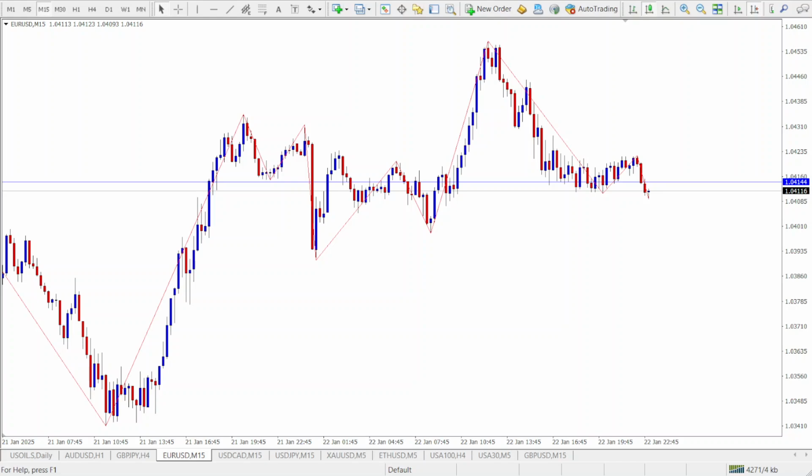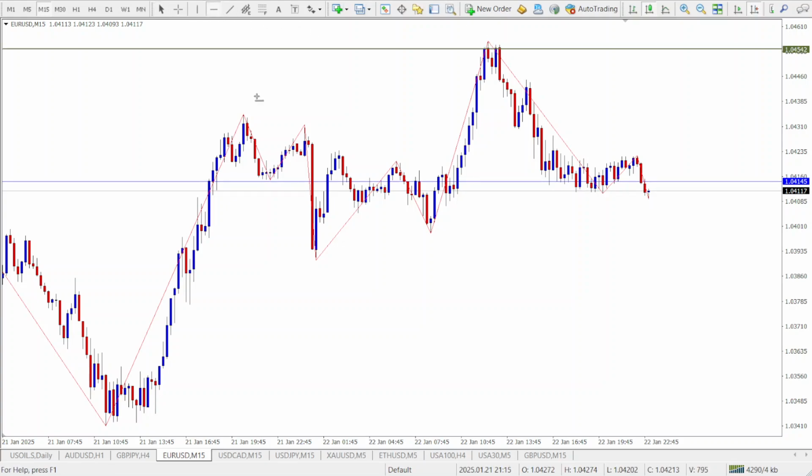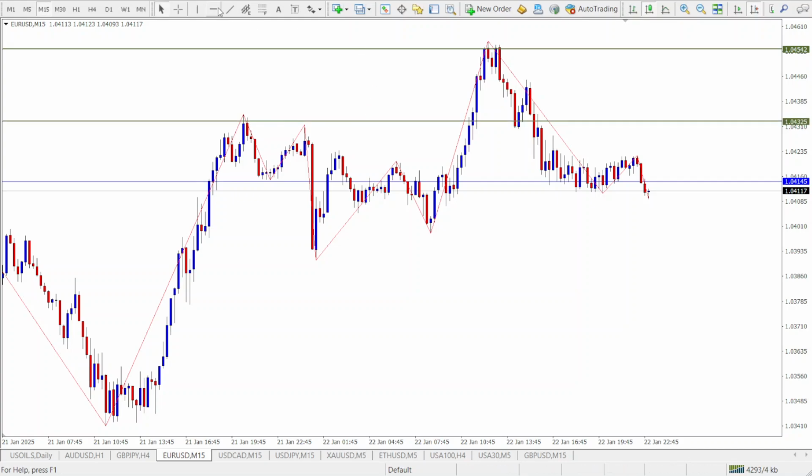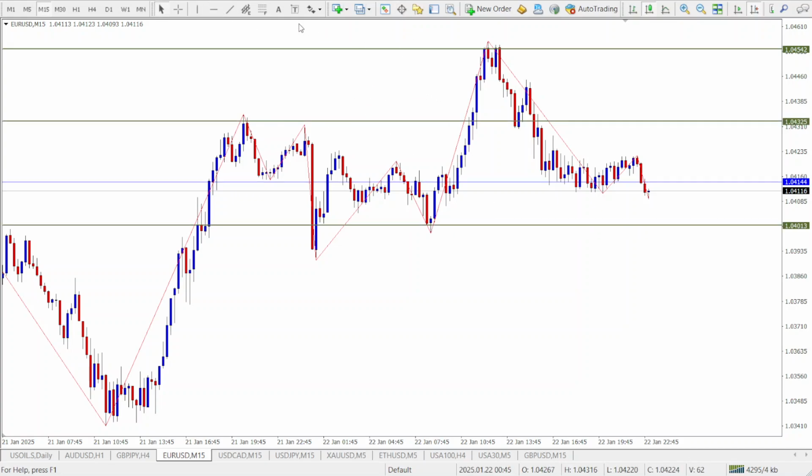Now, breakouts occur when the price moves decisively beyond a key level of support or resistance. With the zigzag breakout strategy, we use the indicator to identify those levels.